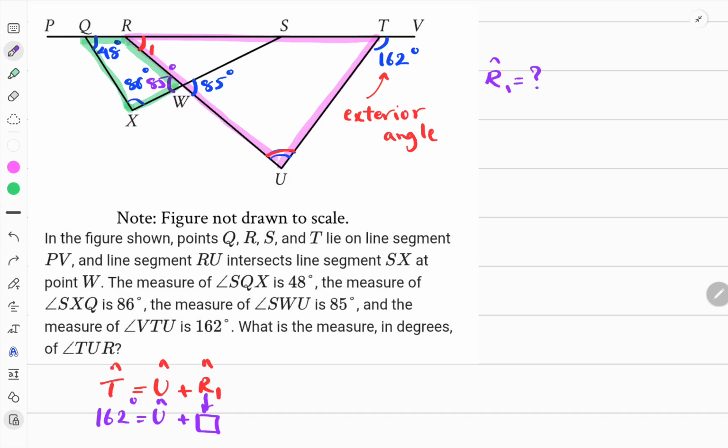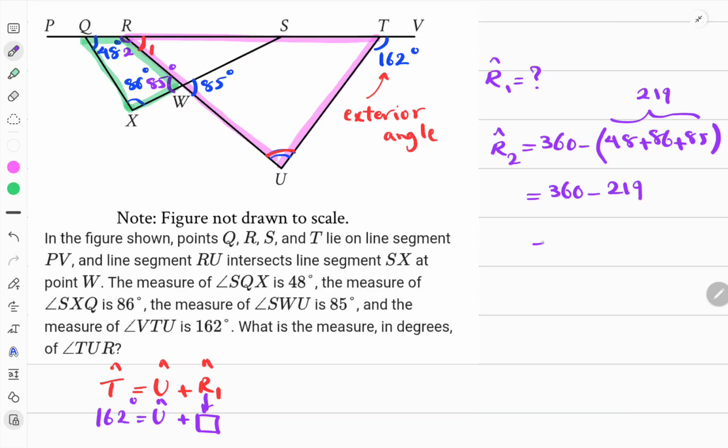Okay, so in order to find this angle, you can call this R2. You should subtract the sum of these three angles from 360 degrees. 48 plus 86 plus 85, and subtract from 360, which gives us 219 degrees.